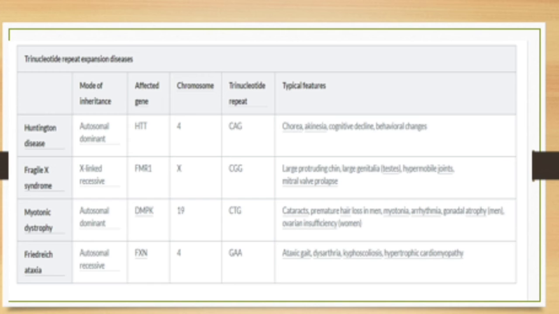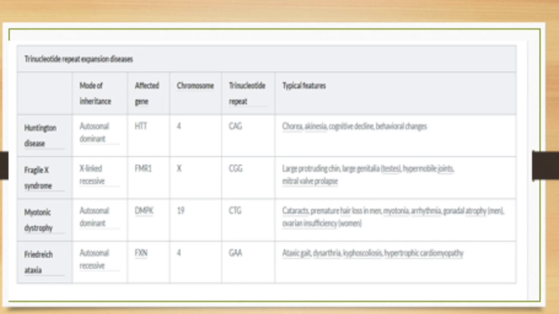And the main trinucleotide sequence which has been repeated here is CGG. Okay, and the X chromosome is the main feature. And we have myotonic dystrophy in the third point. It is an autosomal dominant mode of inheritance, and the trinucleotide sequence repeated over here is CTG.